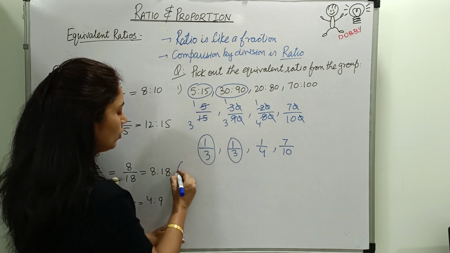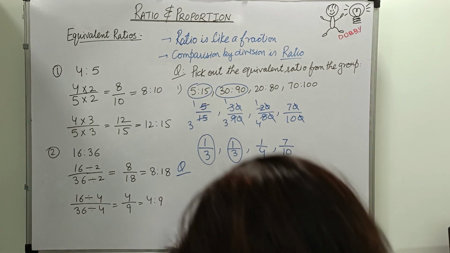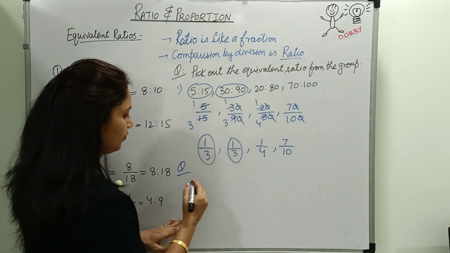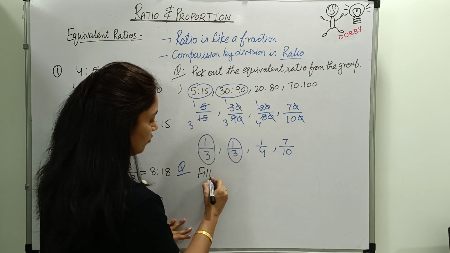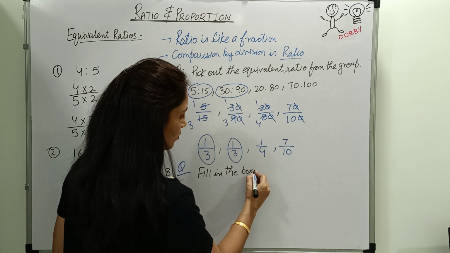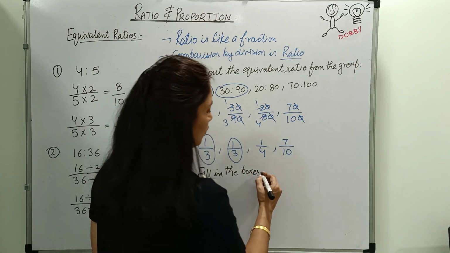Right? Now going to the next question. The question is: fill in the boxes to make equivalent ratios.